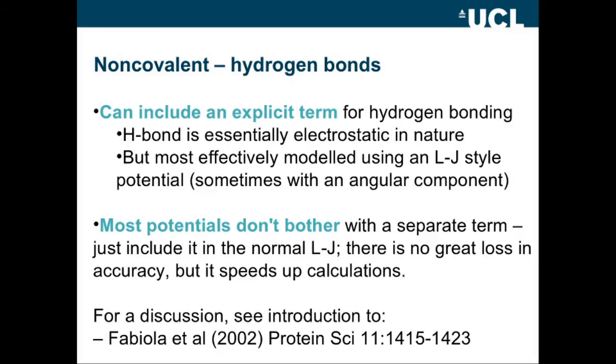So we can use a Lennard-Jones style potential, the same sort of thing that we used for describing van der Waals interactions, and we can include an angular component in that as well. However, most people when they're simulating proteins and looking at the energetics of proteins don't actually bother with a separate term for this. They just include it as part of the normal Lennard-Jones van der Waals interaction potential.